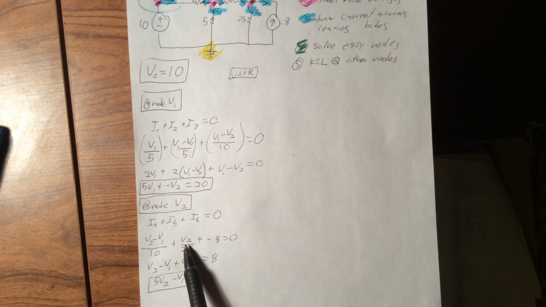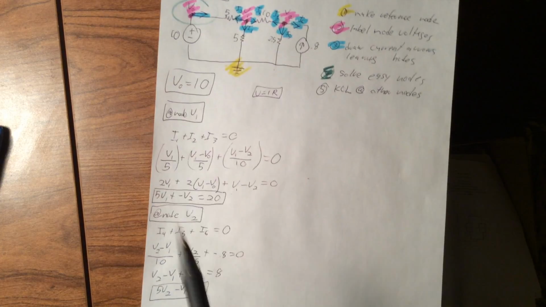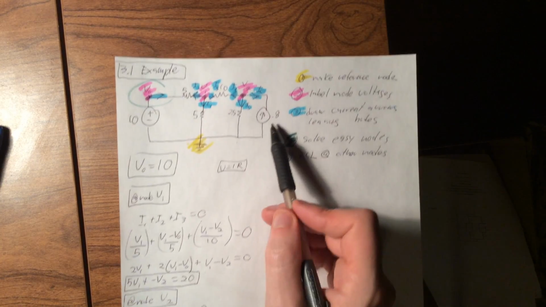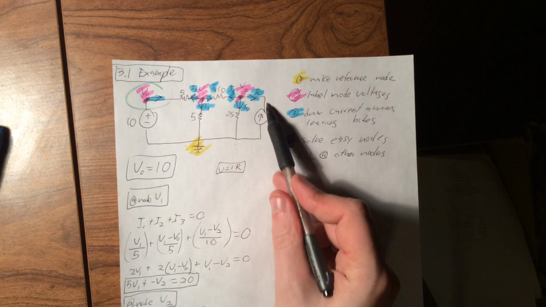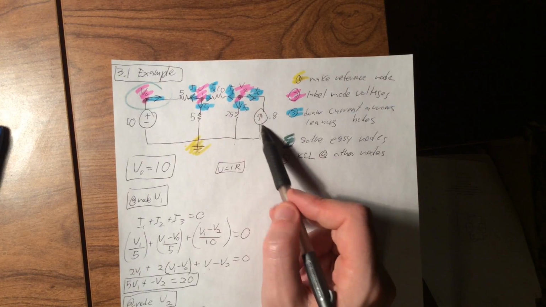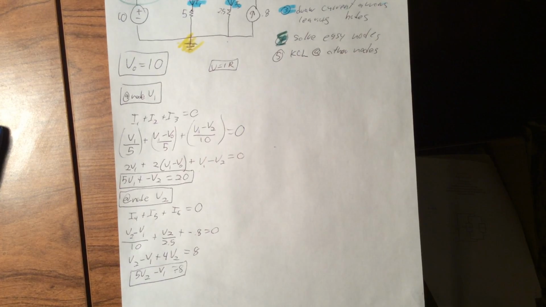Do that the same again over here. We've got V2 minus 0 over 2.5. And we got negative 0.8 because, again, this is current going in. We're saying it's coming out. There's nothing in between, so we know what that current is. It's negative 0.8. Cool. All right, so now we're caught up.